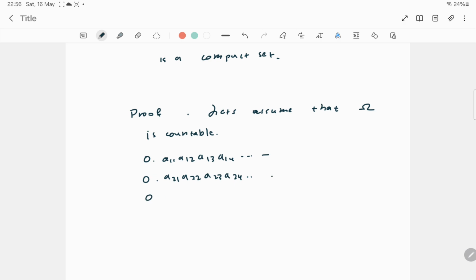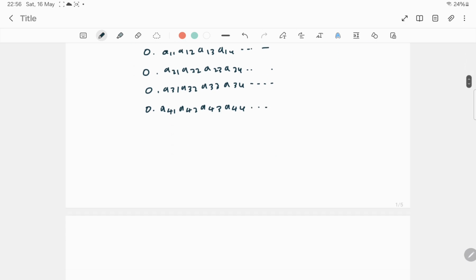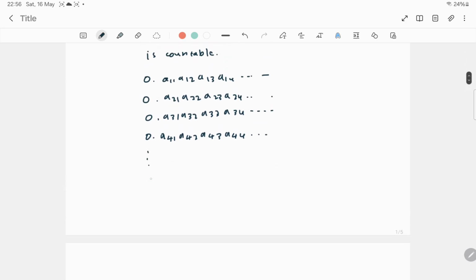Let's say that we can list all the numbers in the set [0, 1]. And we keep going with this process: an1, an2, an3, an4, and so on.